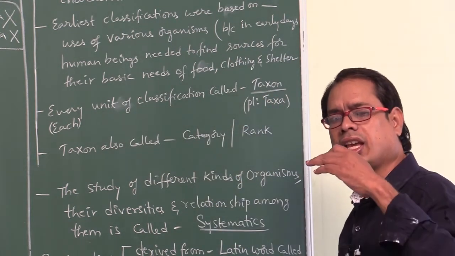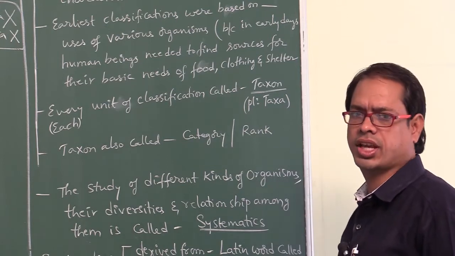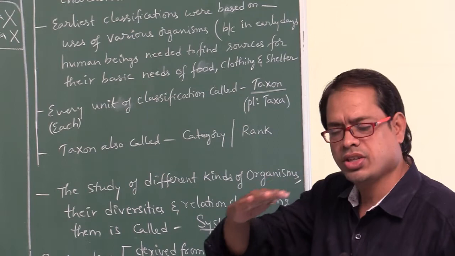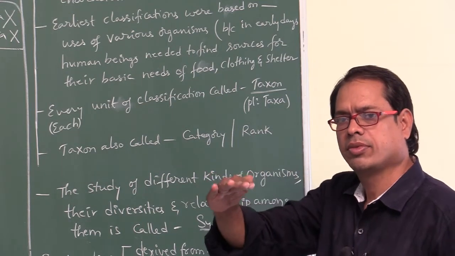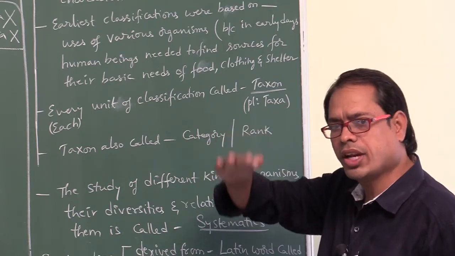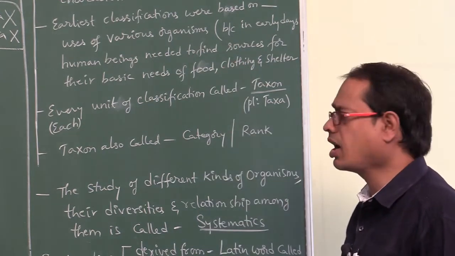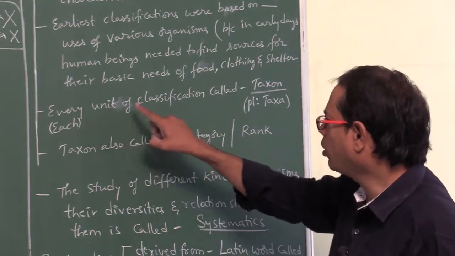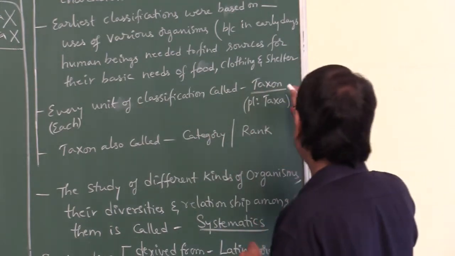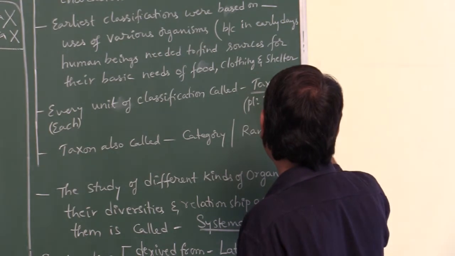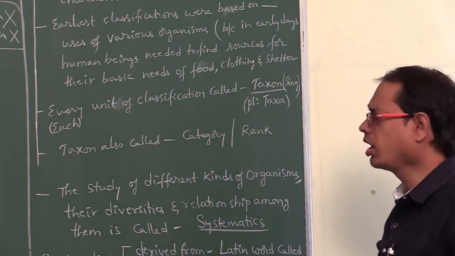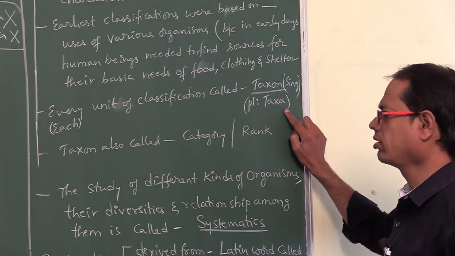Next, there are so many categories in the classification. Every unit, such as species name, generic name, family, order, class, is a unit of classification. Every unit of classification is called a taxon. Taxon is singular; the plural form is taxa.